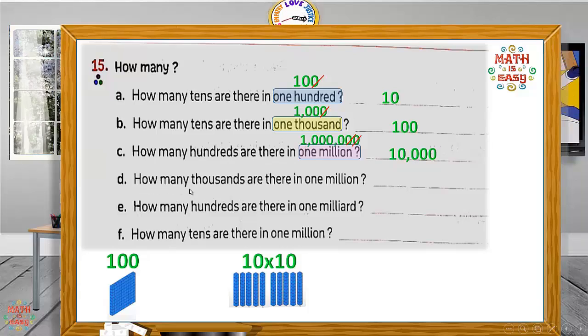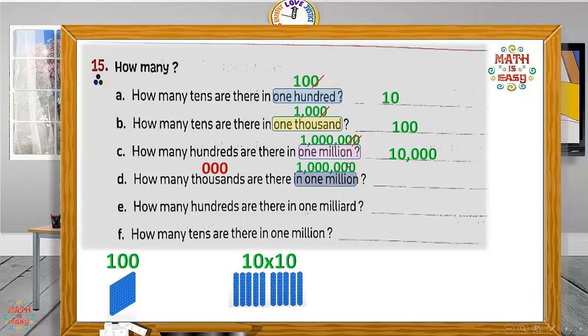Next one, how many thousands are there in 1 million? Thousands means 3 zeros. 1 million means 6 zeros. If you write it in standard form and cross out 3 zeros, now you have 1,000 only. That means there are 1,000 thousands in 1 million. How many hundreds are there in 1 milliard?